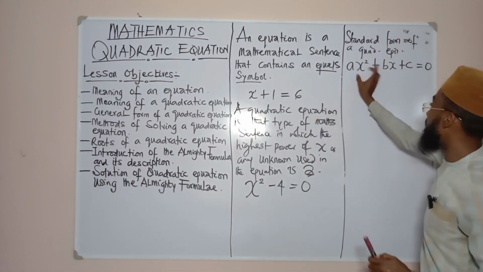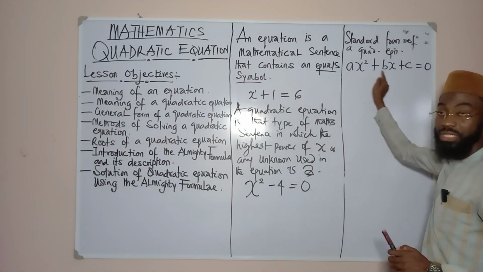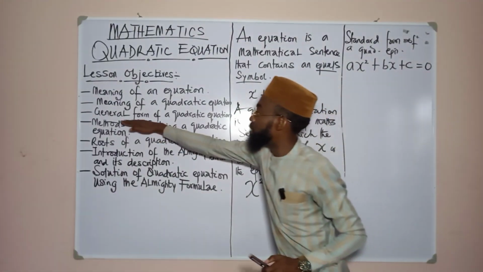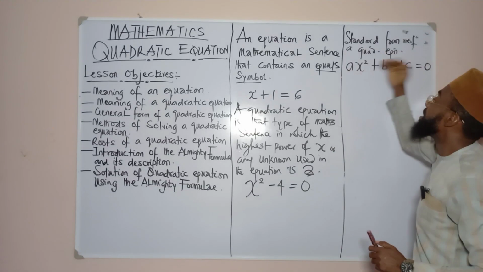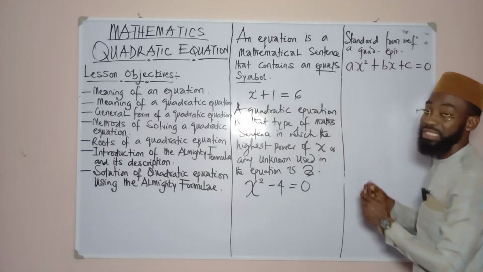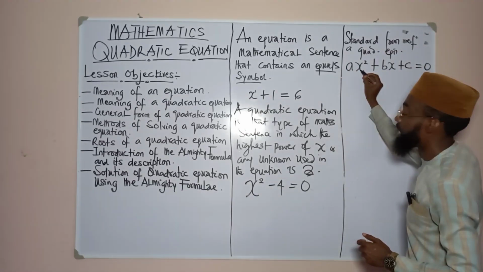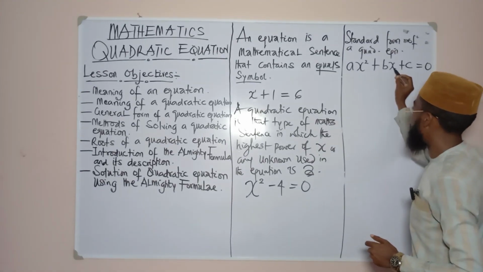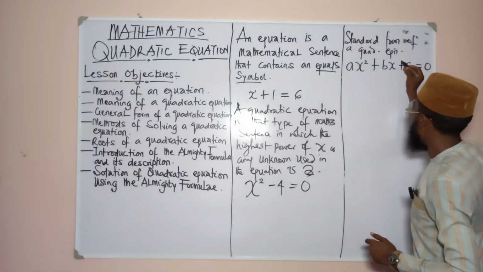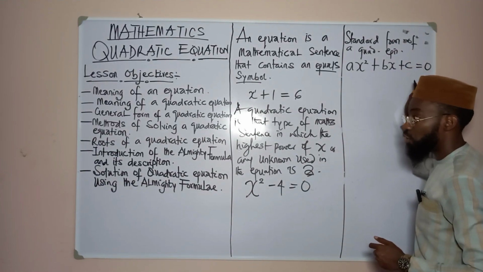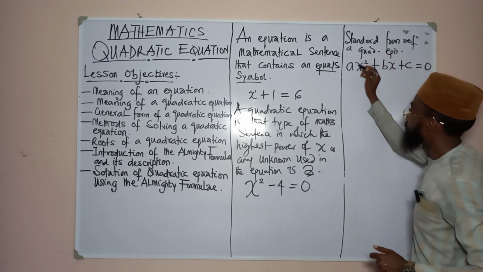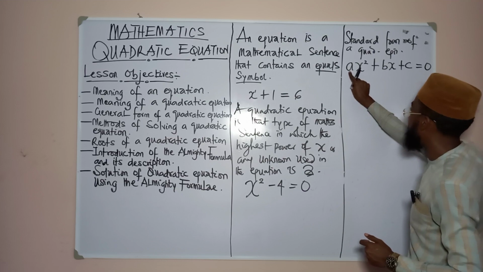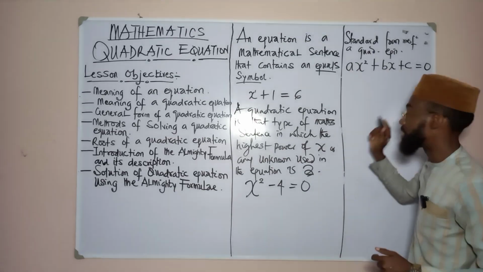And we are going to take our time to define all these terms here. So the general form has been stated. It means that when you are given a quadratic equation, it is expected to have a term in x squared, a term in x, and a number only. We are going to take our time to explain what these actually stand for.